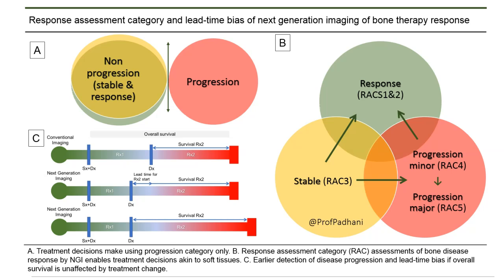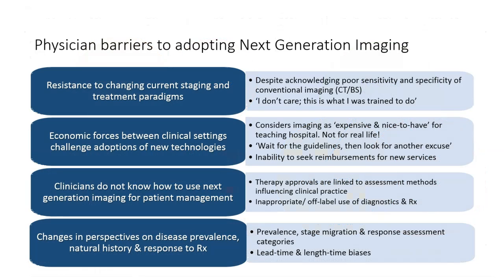Traditionally, we would divide patients into progression or non-progression categories. Now we have a much more nuanced way of saying whether somebody is responding or not using functional imaging. So you can see how we've completely changed things, not only for disease detection, but also for response assessment.